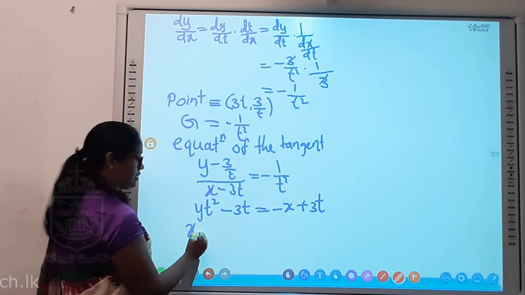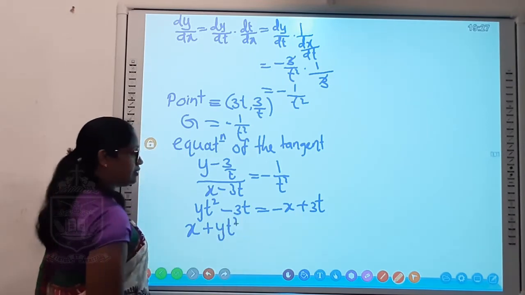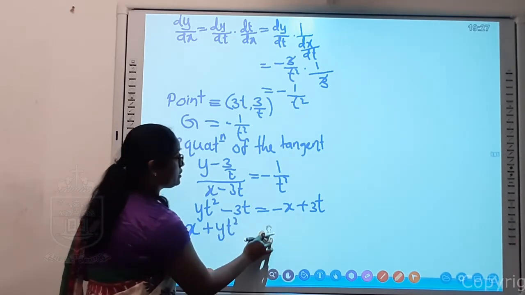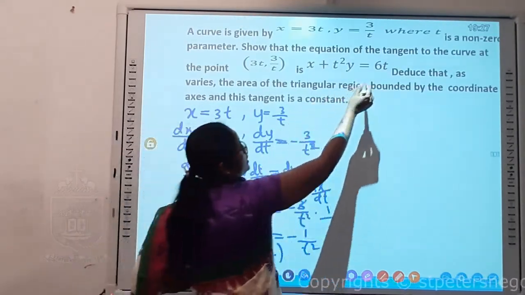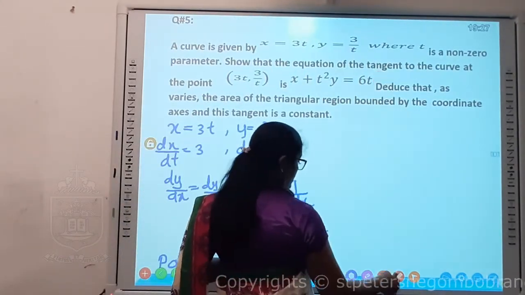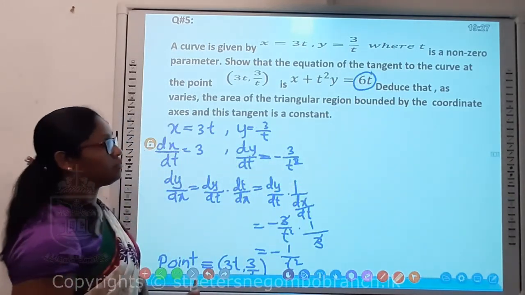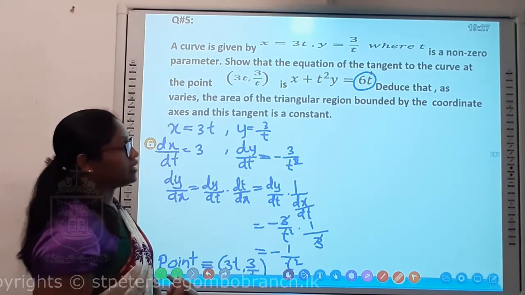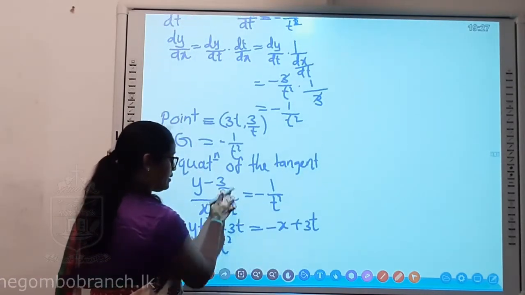So x plus y t squared. As for the equation, the constant part has not been brought to the other side, so I leave the answer in that way.